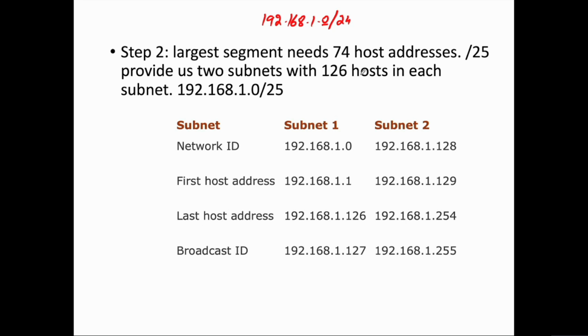So the larger segment, computer science, needs how many nodes? Yes, you're right, 74. So what I'll do is I'll borrow 1 bit here. Borrowing 1 bit means how many bits now represent the network portion in VLSM? Yes, 25.